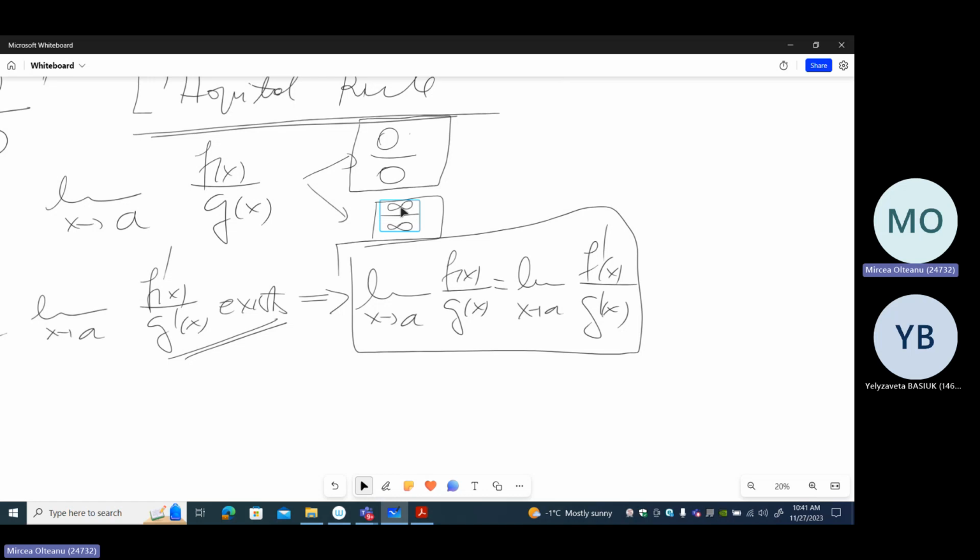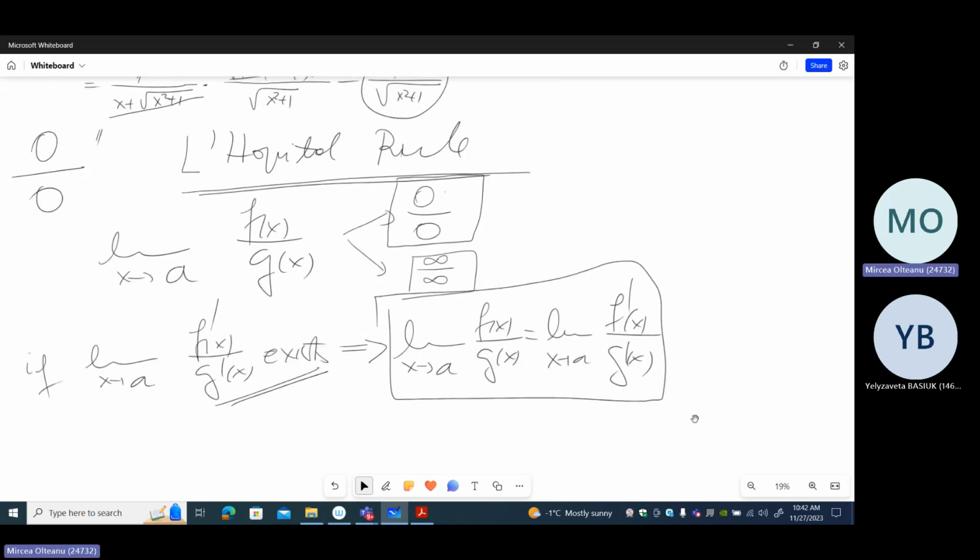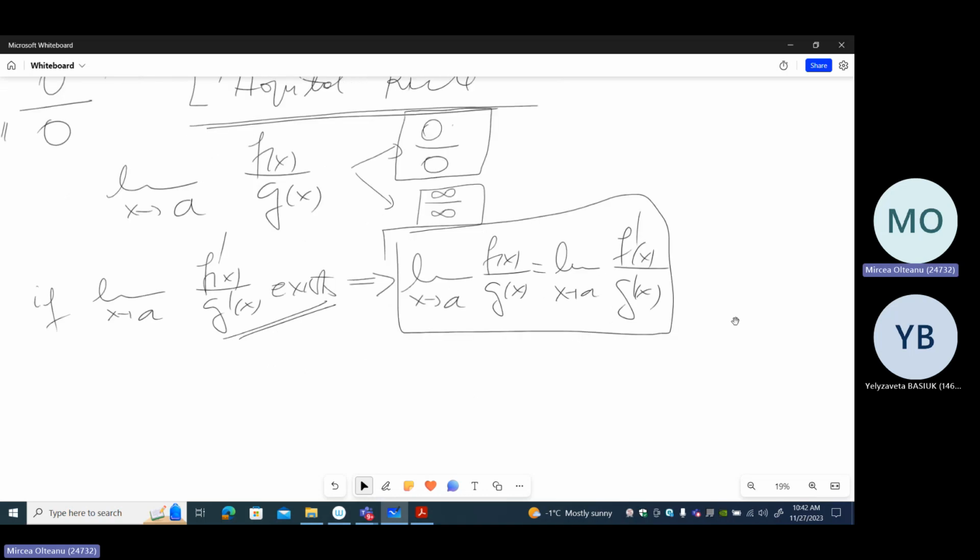Similarly, if we have infinite over infinite, the method is very efficient for 0 over 0, and it is less efficient for infinite over infinite. What does less efficient mean? In many cases, we obtain here a limit which is still in an indeterminate case. But in the case 0 over 0, in most cases, the exercise is over once we apply the L'Hopital rule.